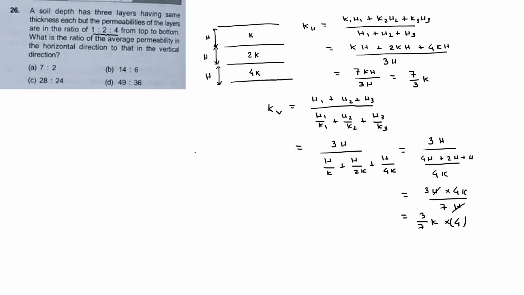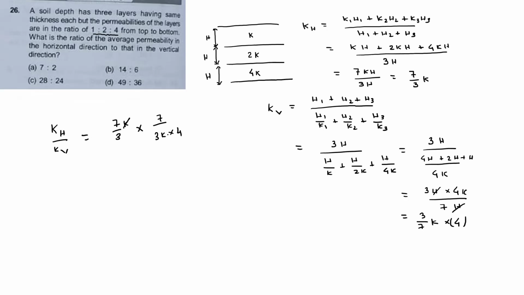Now we have to find the ratio of average permeability in the horizontal direction, that is KH divided by KV. So KH is 7 by 3 K, divided by 3 by 7 K into 4.